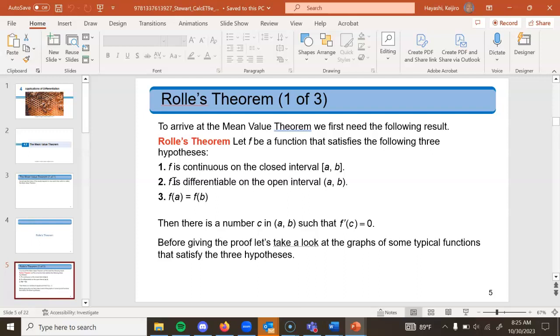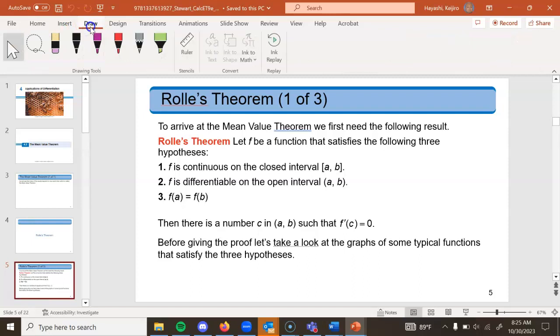that if you have a function that satisfies these three conditions, number one, the function is continuous on a closed interval. So, there's no asymptotes, there's no weird jumps, there's none of this happening.